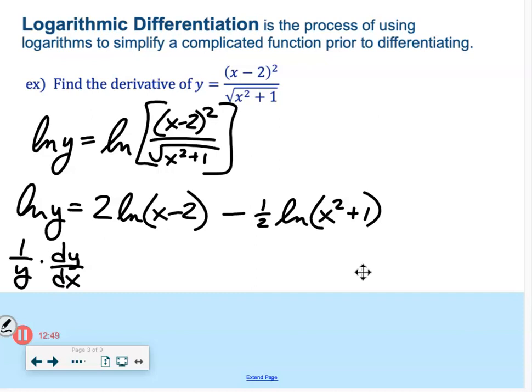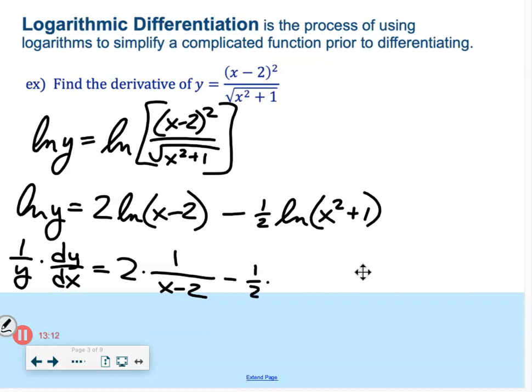Are you all with me? A little bit of mini implicit differentiation mixed in there. This guy, the 2 is a coefficient. Whenever you're differentiating a log, it's u prime over u. So you put your guts on the bottom and the derivative on top. That's all there is to it.